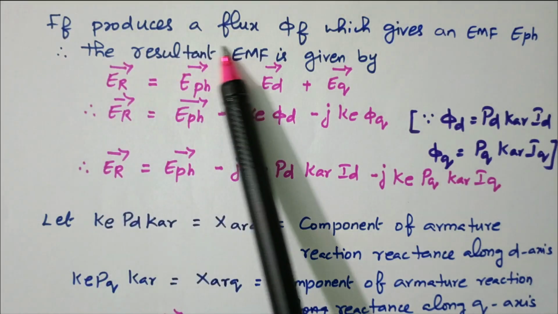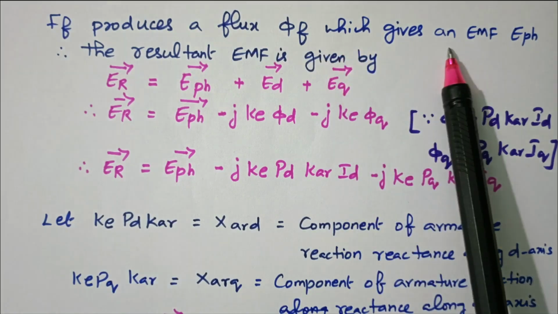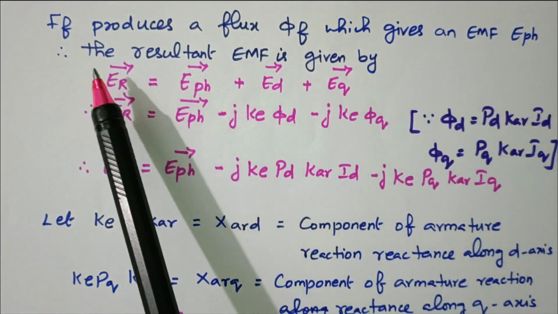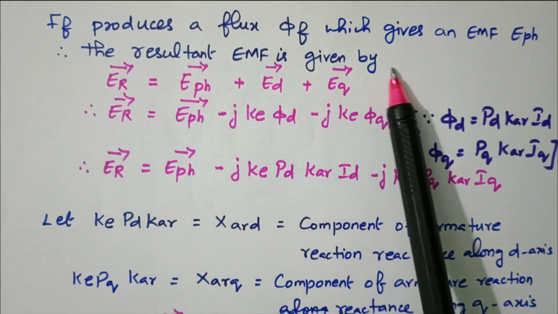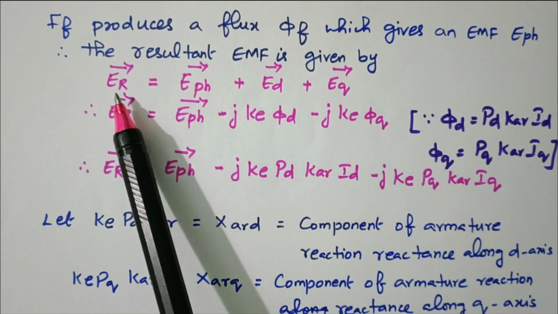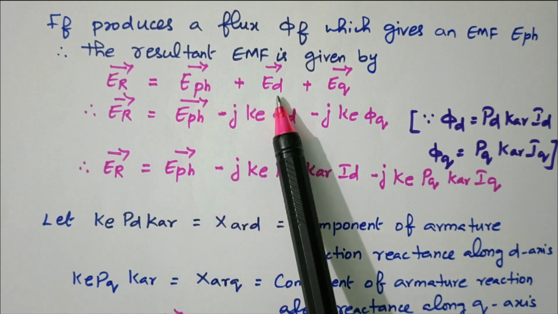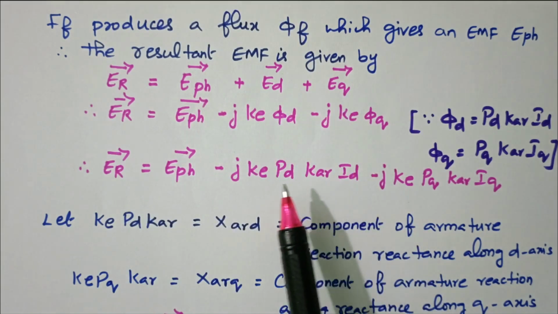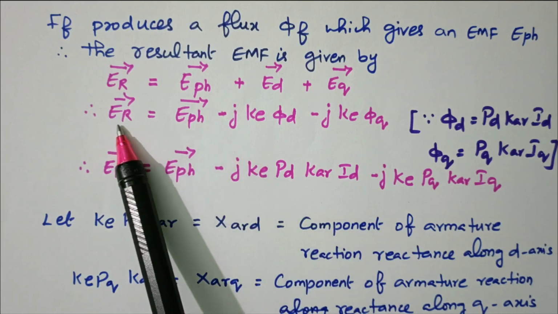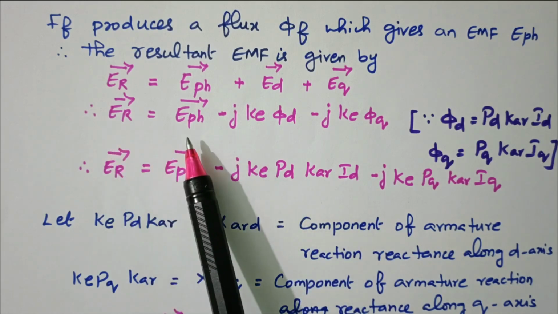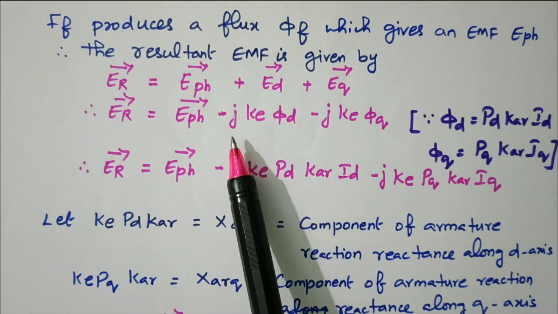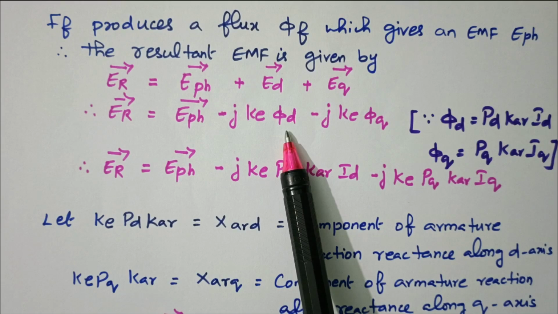Ff produces a flux phi f, which gives an emf E phase. Therefore the resultant emf is given as ER equals E phase plus Ed plus Eq. So ER, the resultant emf, equals E phase, where Ed is nothing but minus j Ke phi d.